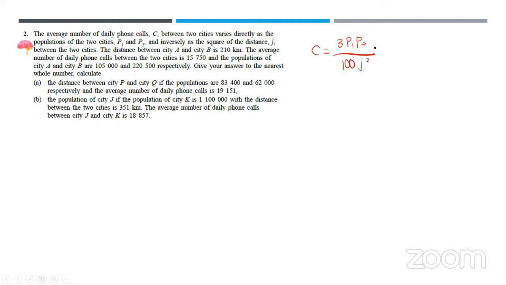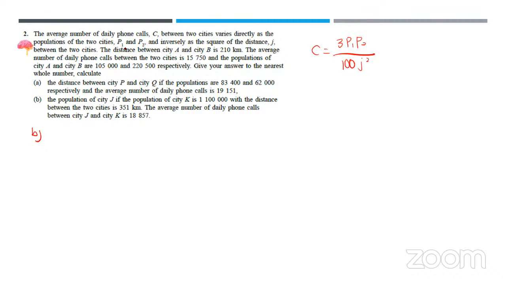100j squared. The population of city J, if the population of city K is 1.1 million, with the distance between the two cities being 351, and the average number of daily phone calls between city J and city K being 18,857. So as we can recall from just now, P1, P2, hold on, let's see.